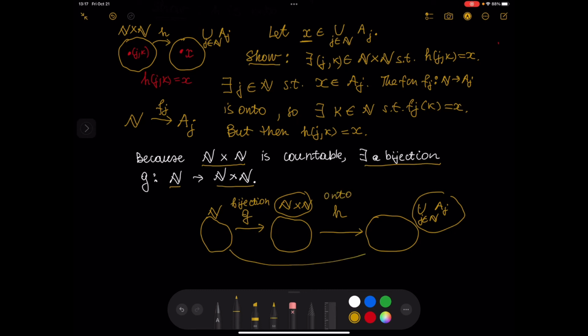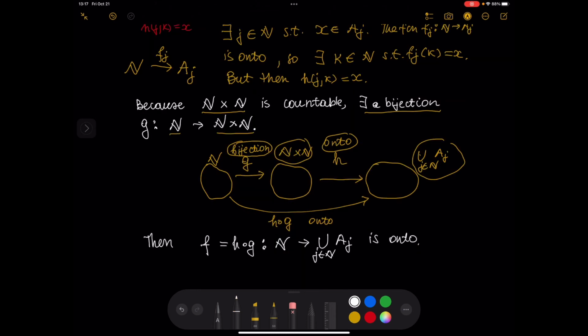So the composition h composed with g from N to the union of all A_j's is going to be an onto function, because a bijection is an onto function, h is an onto function, and we discussed that the composition of two onto functions is onto. So then this function f, equal to h composed with g, from the set of all natural numbers to the union of all A_j's, is onto.